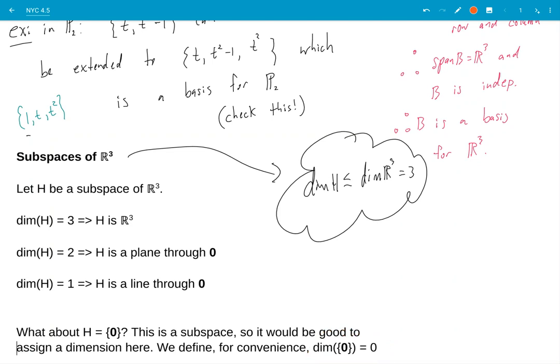If you think about the definition of dimension, this doesn't make sense. But just for convenience, just to have it work well with this progression, we're going to define, in all cases, the dimension of the 0 vector space to be 0.